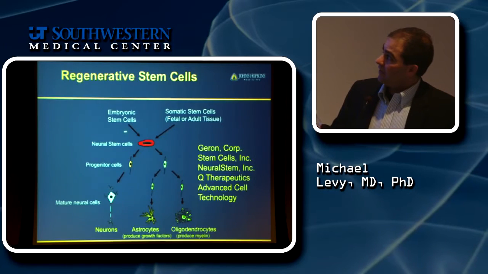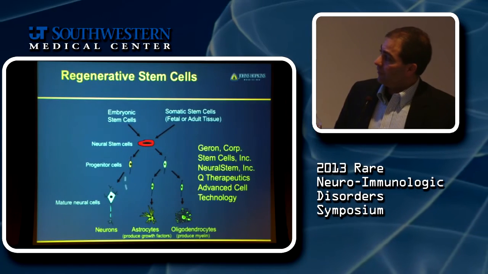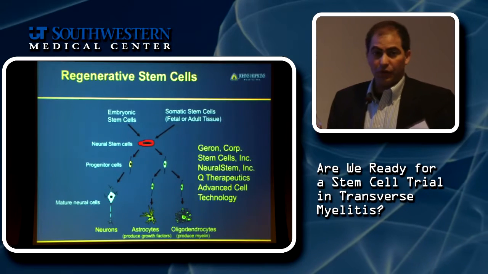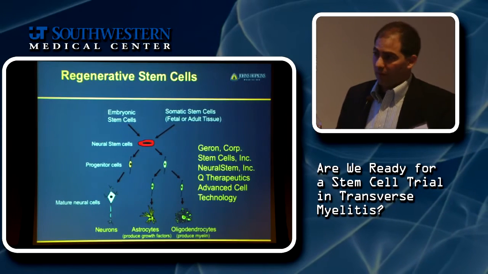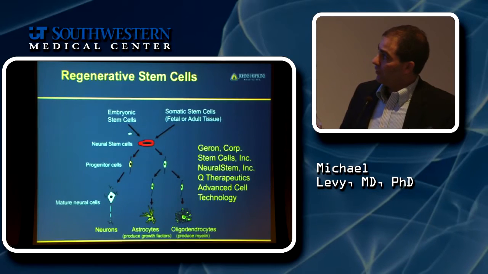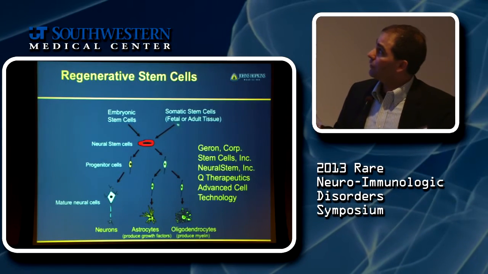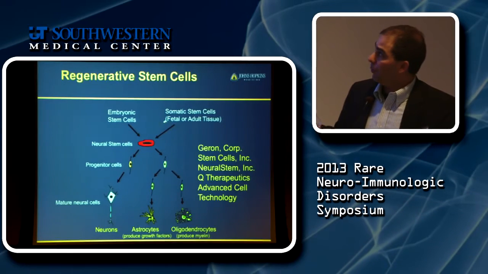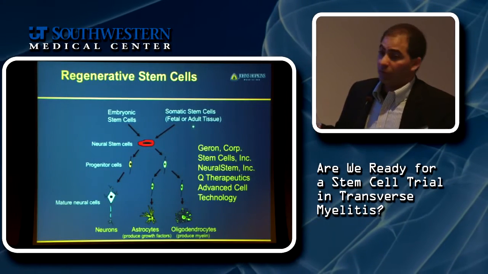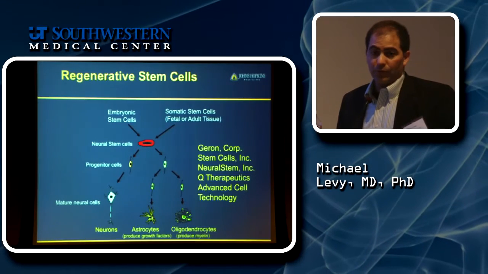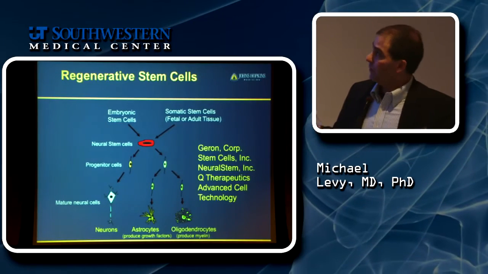Going farther back to the cell type that can form all three of these, this cell type is called a neural stem cell. This is the most popular type of regenerative stem cell, a neural stem cell. And it comes from many different sources. You can get them from aborted fetuses. You can get them from adult tissue. This is the hottest area of research now, for which the Nobel Prize was awarded last year.